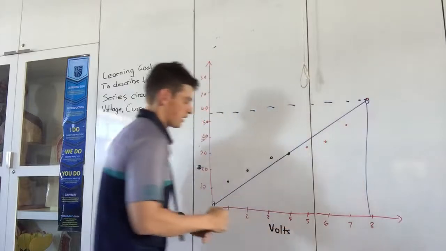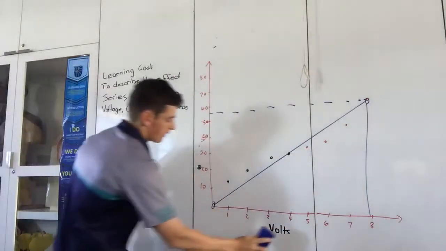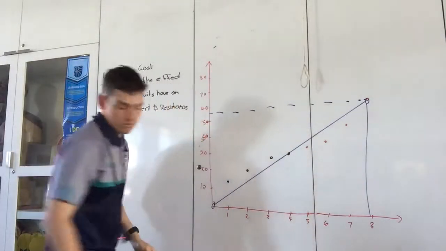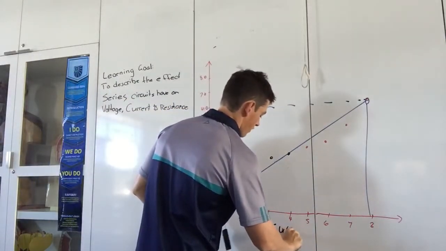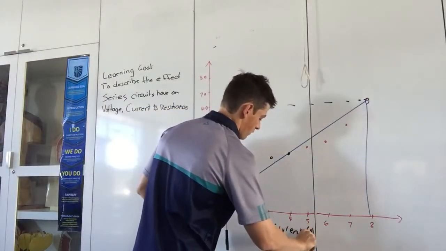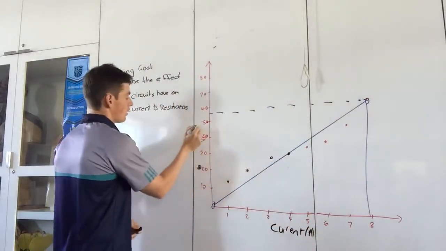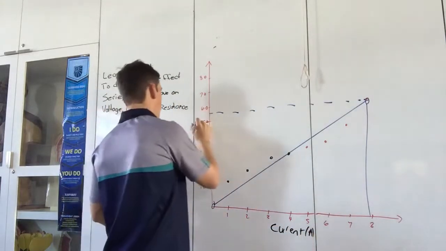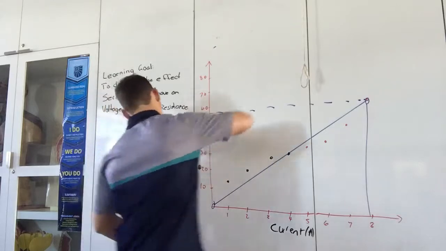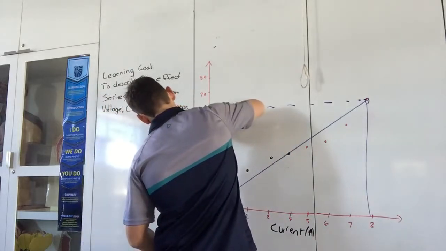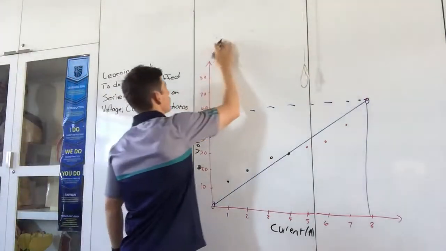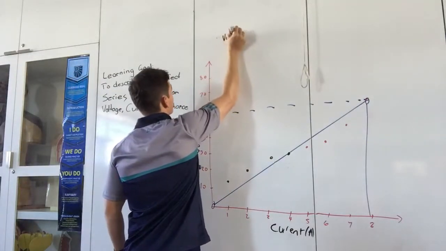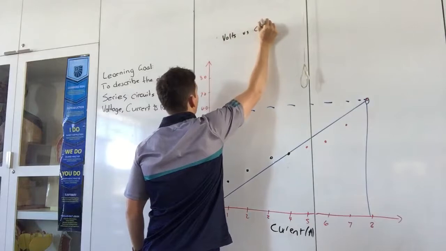No, I want that to be current, not volt, sorry. I want to make this current. What's my unit for current? What's this thing going to be? Can I write volts? No, probably not. All right. So I've got volts versus current.